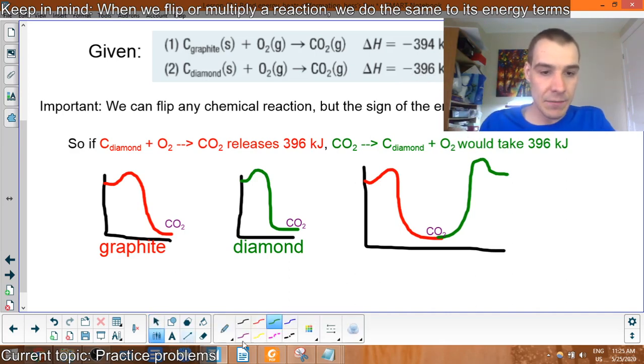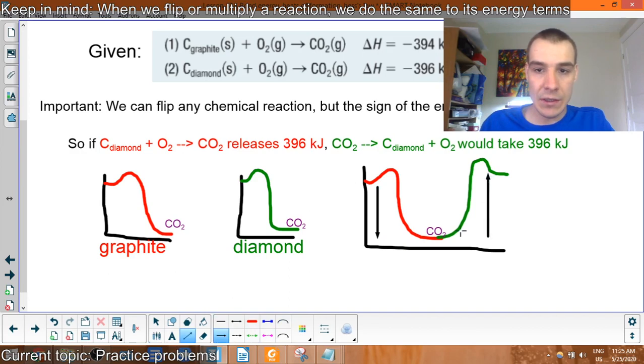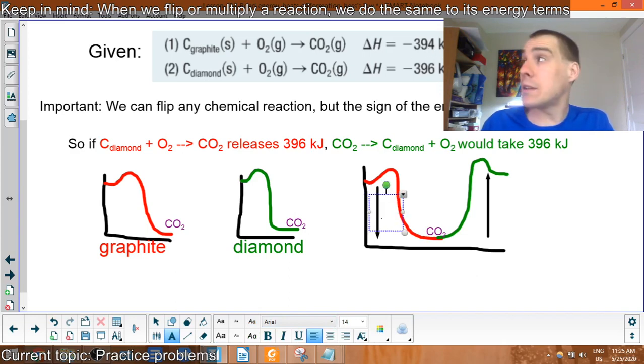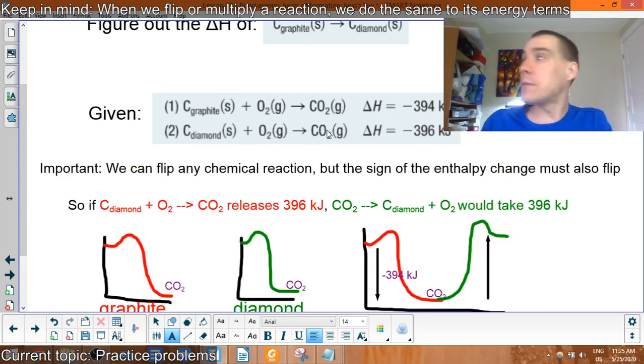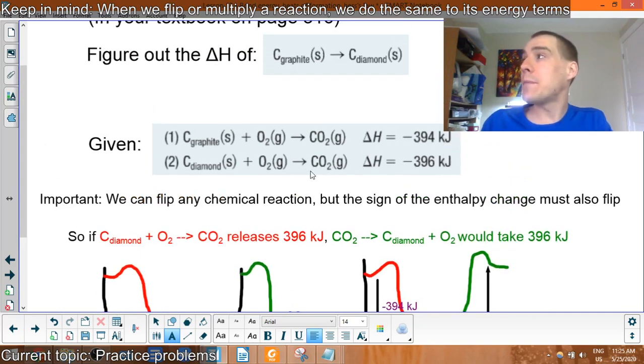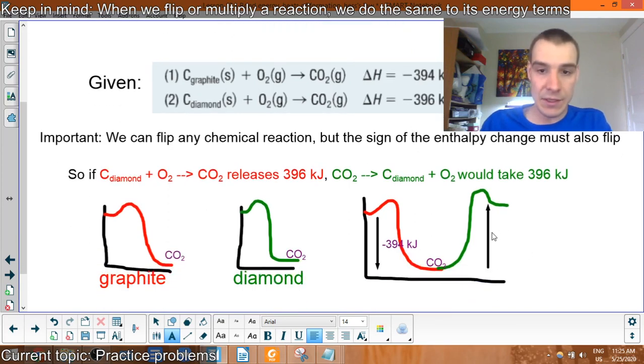So what we end up with then, if we use some arrows here, going from there to here, we know that it releases a certain amount of energy. It releases 394 kilojoules, minus 394 kilojoules. Going up from CO2 to diamond is the reverse of this reaction. We have to flip it, and flipping it will reverse the sign.